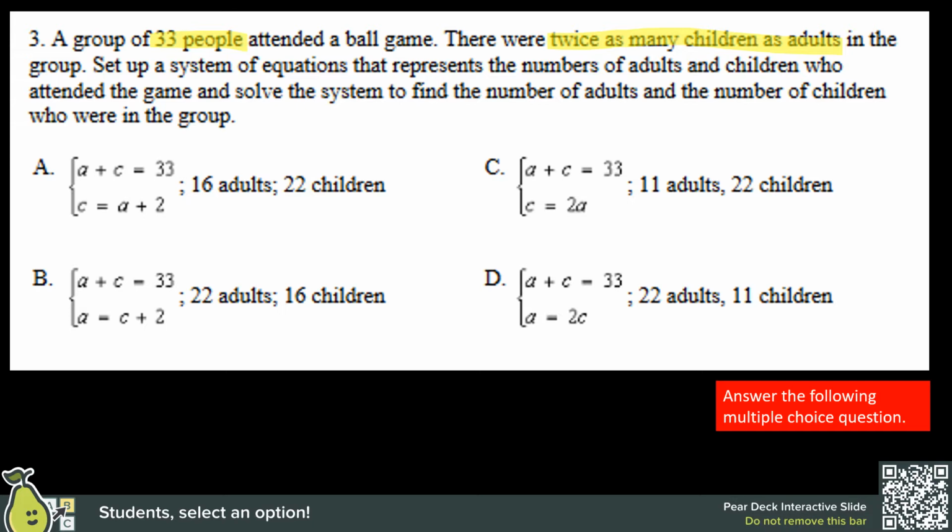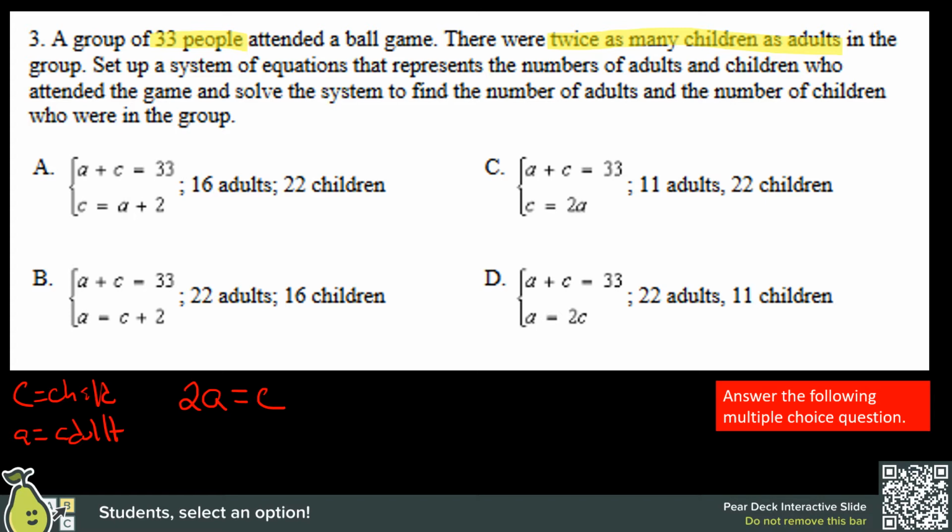So if I say that C equals child and A equals adult, how would I represent this as twice as many children as adults? Well, if I have one adult, then I would have two children, right? If I have two adults, then I would have four children. Three adults would be six children. So really what I'm doing is 2 times the adults equals the children.